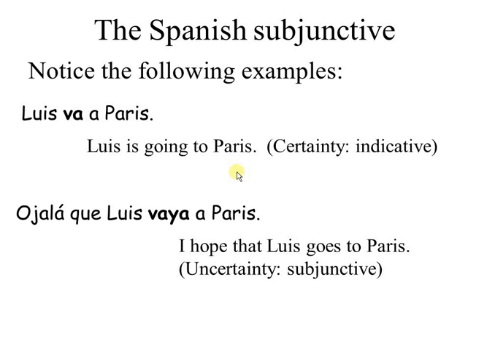So that indicates certainty. But if I choose to say ojalá que, which means I pray to God or I hope that Luís vaya a Paris, I'm not sure if that will really happen. So in this case, I can't use the present indicative. I need to use the present subjunctive. Okay? Because when you say, I hope, you don't have any guarantee that that will happen.